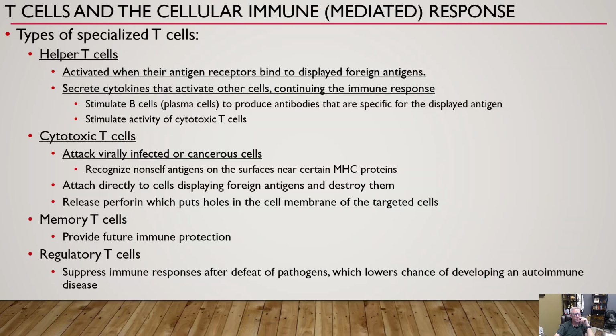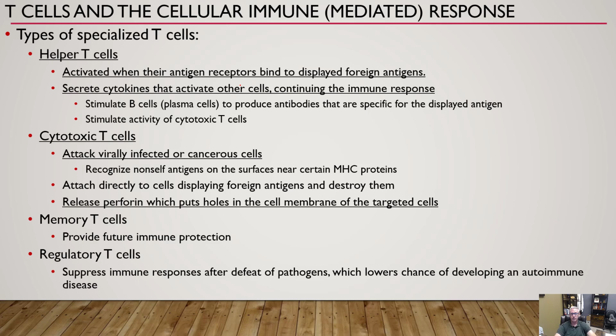Okay, so we have different types of T cells. We have these things called helper T cells, and these helper T cells are activated when the antigen receptor binds to foreign antigens.